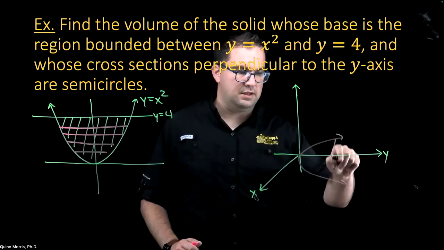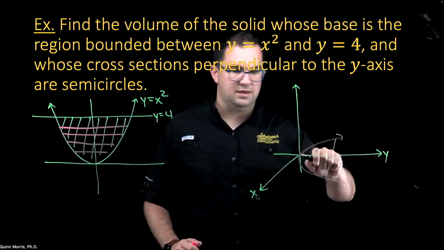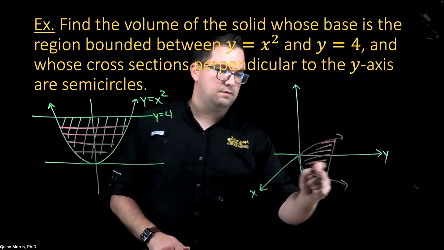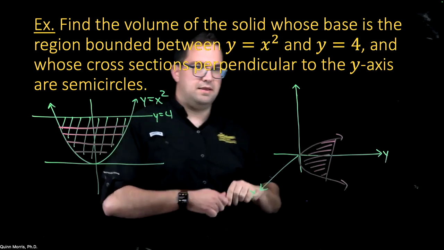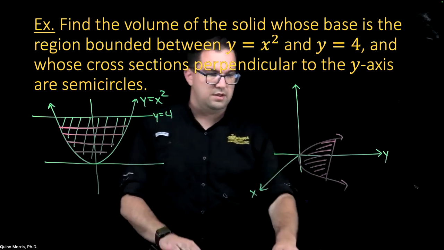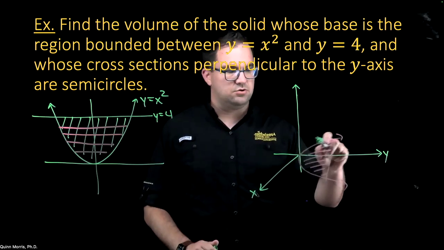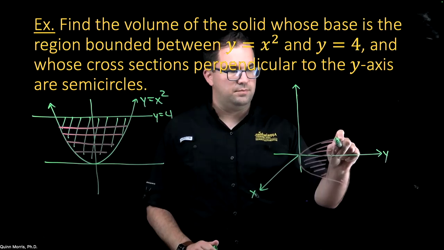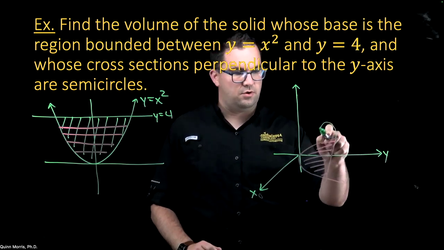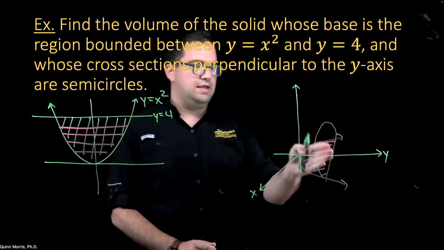And then again, it's bounded by this. So here is that base. That base is again lying in this horizontal plane here. And now out of each of these is going to come a semicircle. So you can imagine that there's going to be a semicircle here on the end.